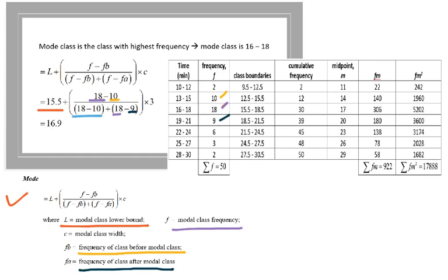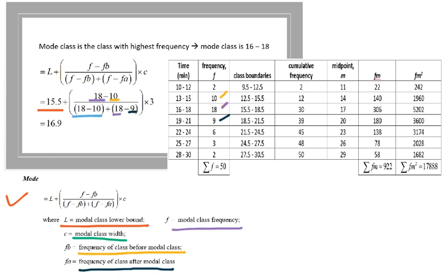And the last one is C. C is the modal class width. For the width, you can use two methods.